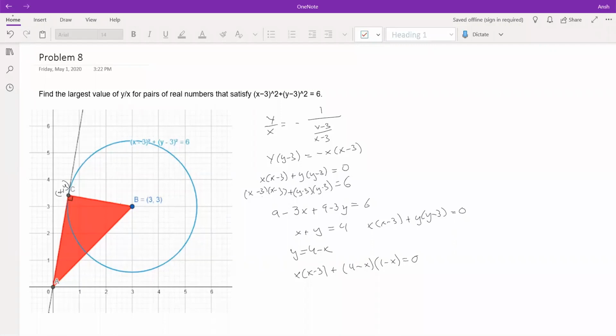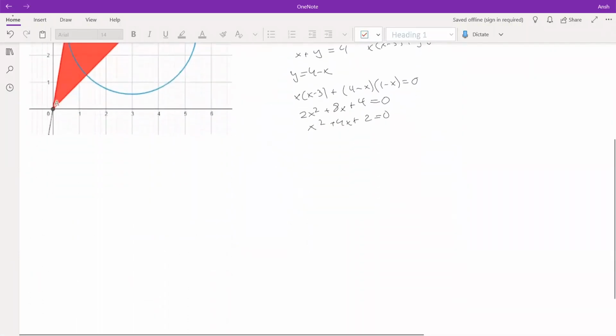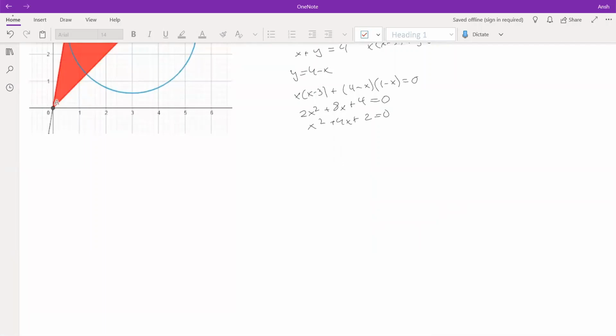And if we expand this out, this would give us 2x squared plus 8x plus 4 equals 0, or x squared plus 4x plus 2 equals 0. Now at this point, this is a particularly messy quadratic since there's no easy way to factor it. So we have to end up just using the quadratic formula to do so.